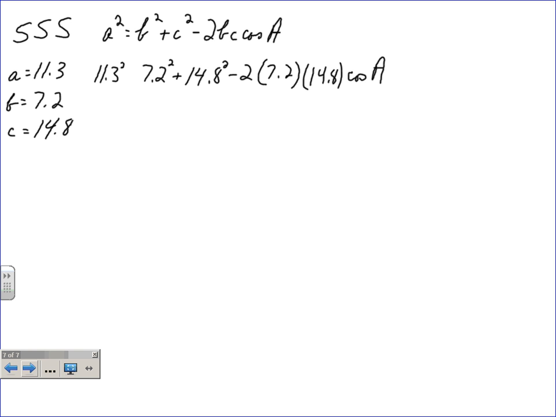In your calculator, we put these numbers in. You have that written down? 11.3 squared. Do you have those numbers? Yeah. That should be those. 127.69 equals 270.88 minus 213.12.